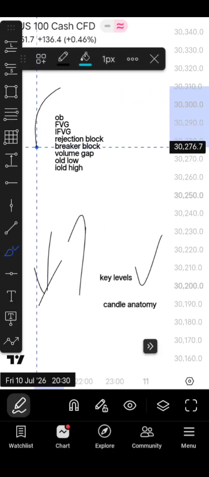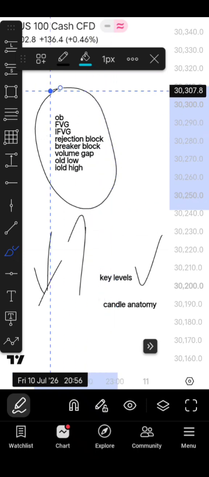You will use these PDRs in your strategy. I will show later how you will use this.